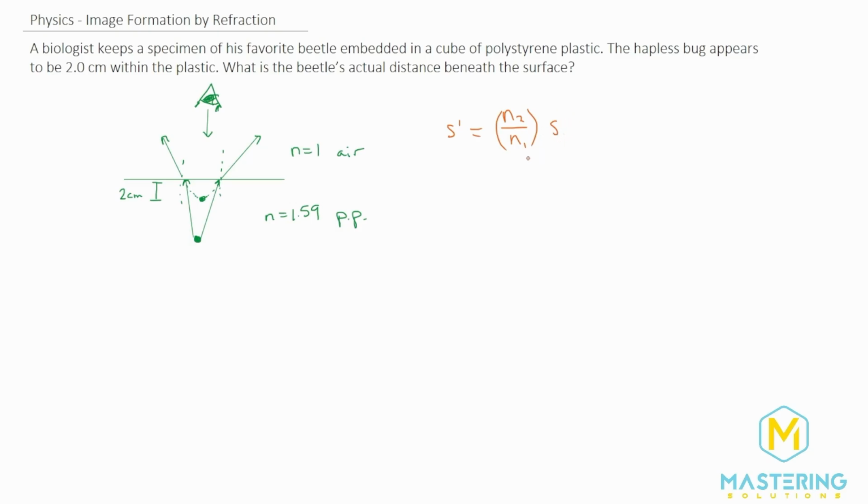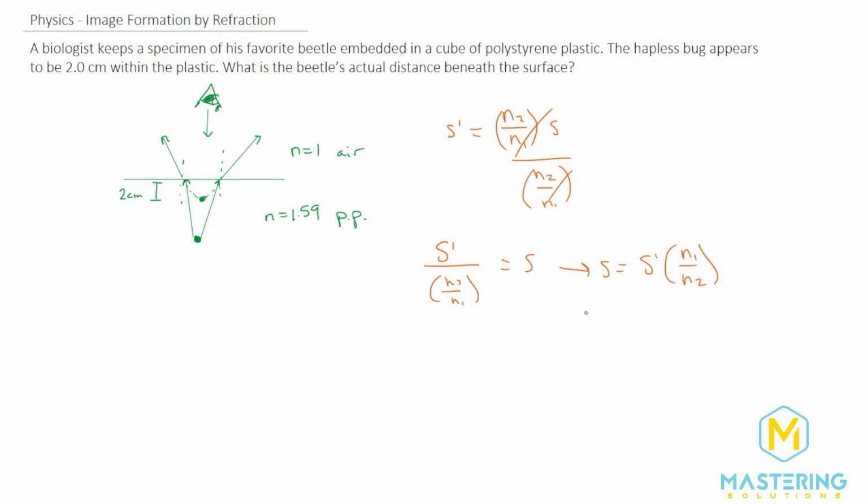So we can just divide both sides by N2 over N1. And so now S prime divided by N2 over N1 is equal to S. We can simplify this because dividing by a fraction is the same thing as multiplying by the reciprocal. So S is also equal to S prime times N1 over N2.